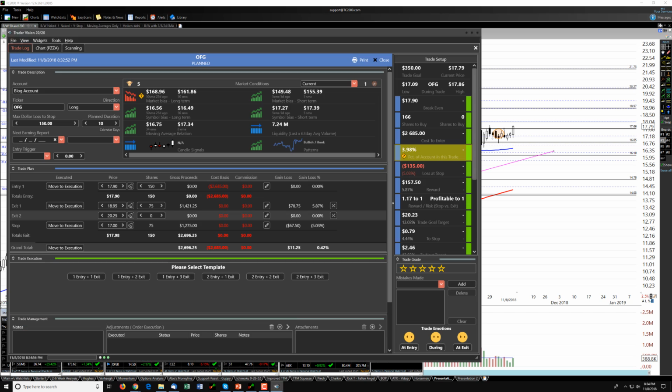Should be at least 1.5 to 1. 17.90. Maybe that's what it was. But still, math should be right. 17.80, 17 bucks, 18.95. 80 cents. $1.05. Yeah. I guess this one just won't work out.